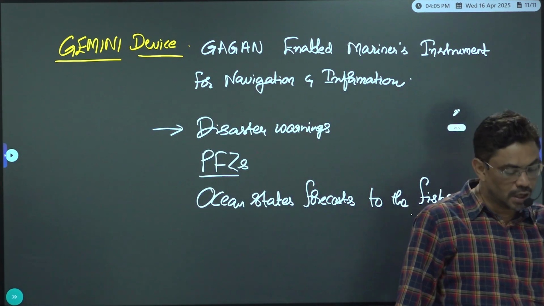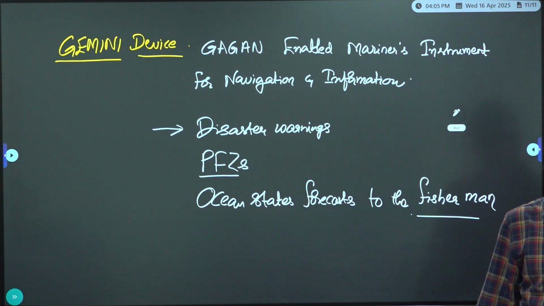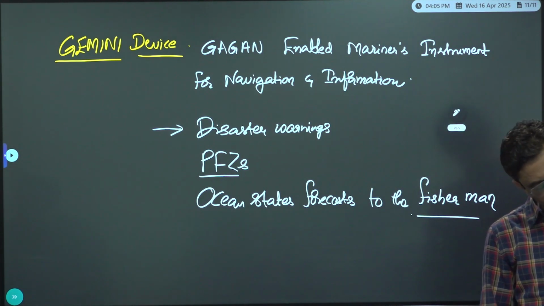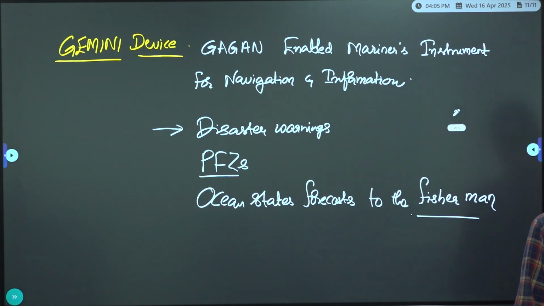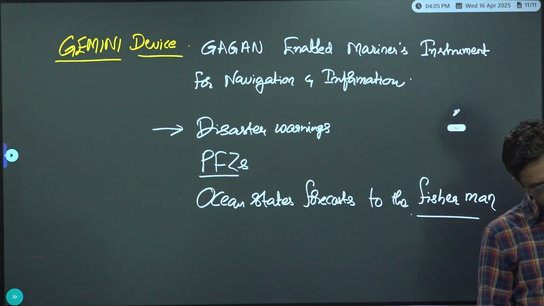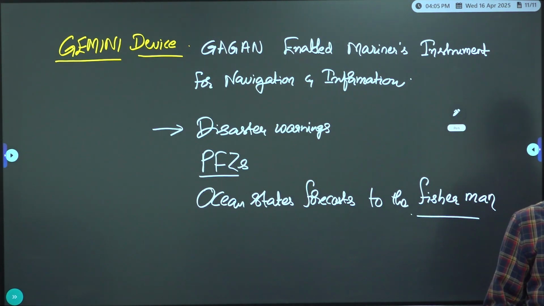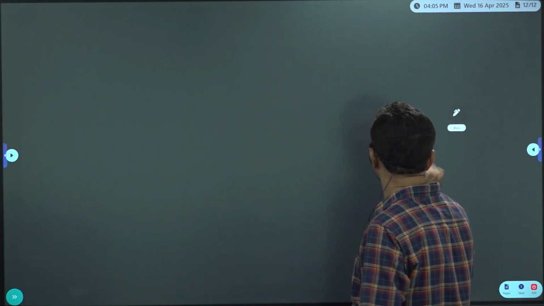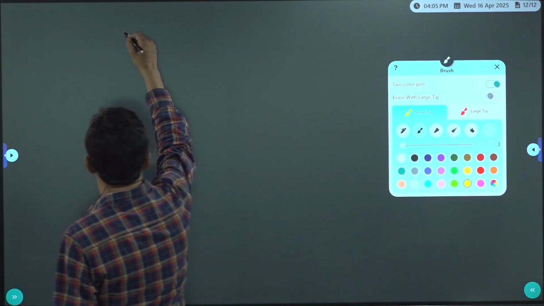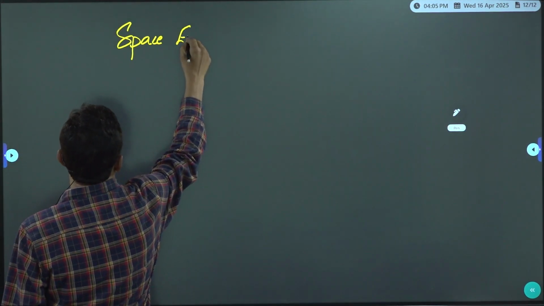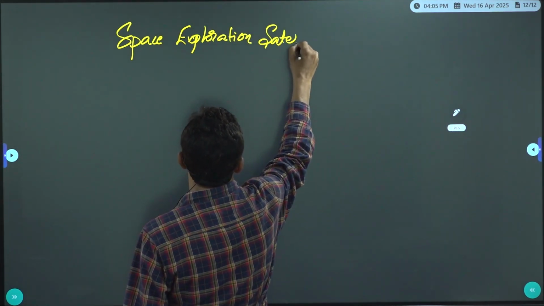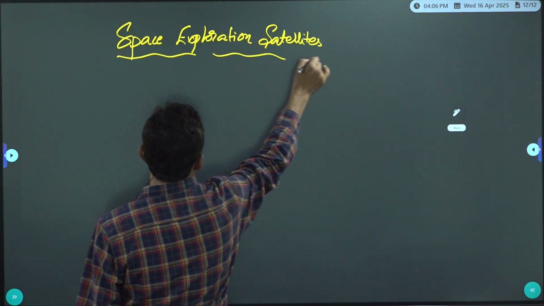And the next one is space exploration. Space exploration satellites, or simply they are called space missions. You can say space missions.